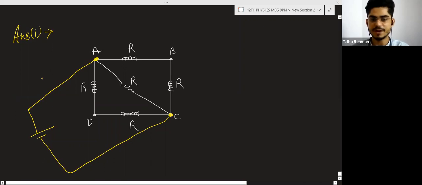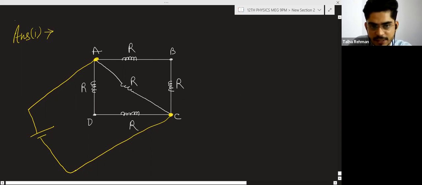Now focus only on points A and C. Now there is no point B and no point D. Means the points are there, but we will neglect them.